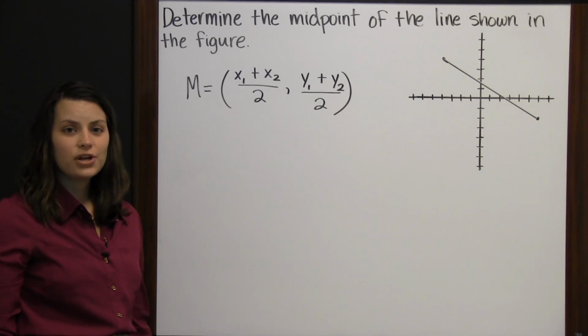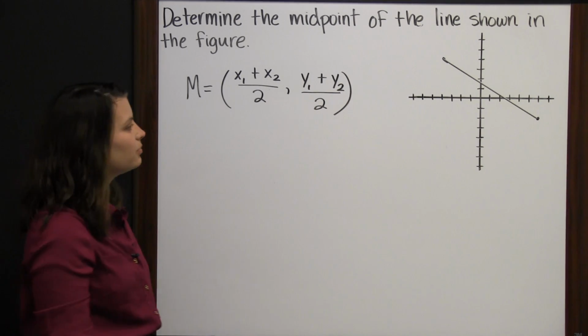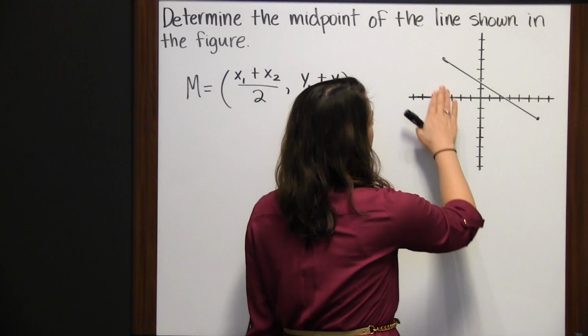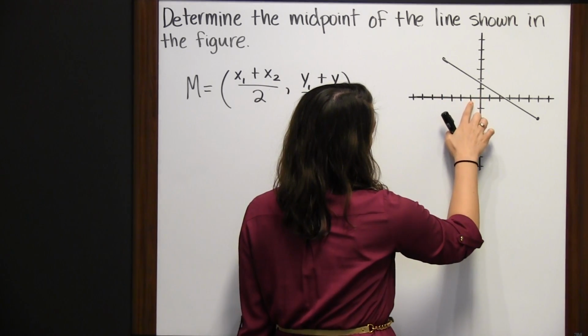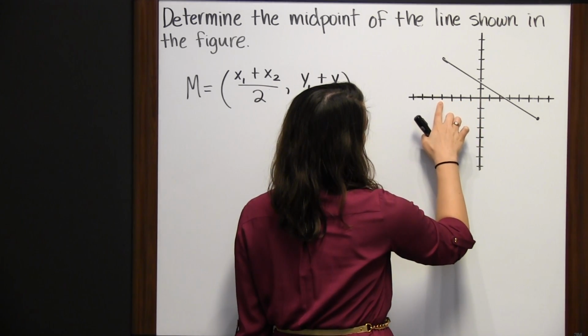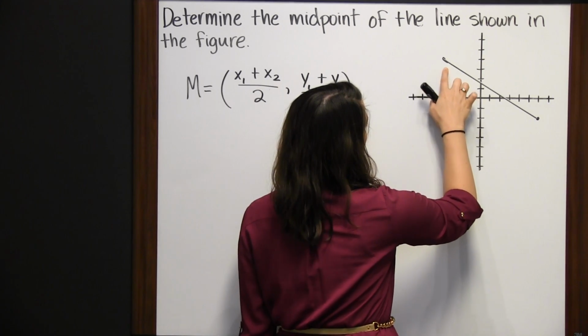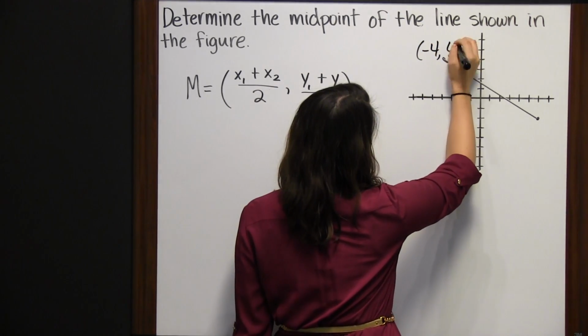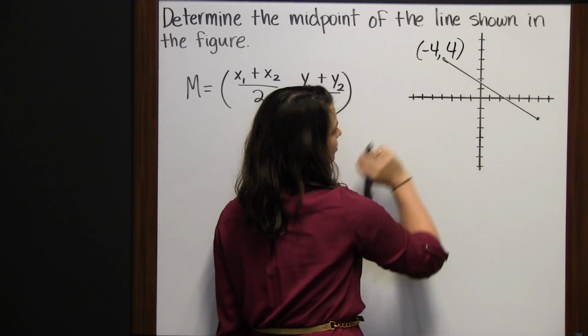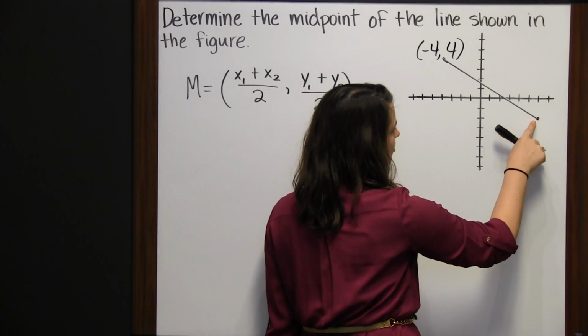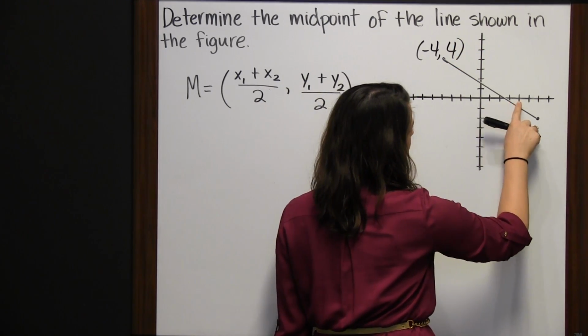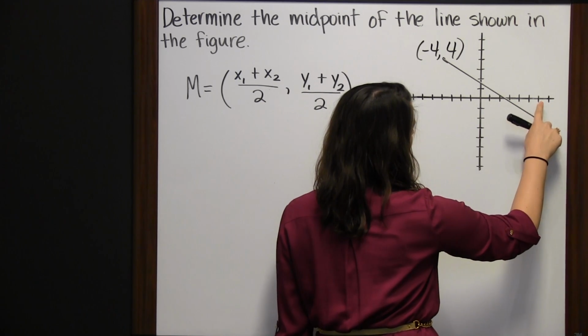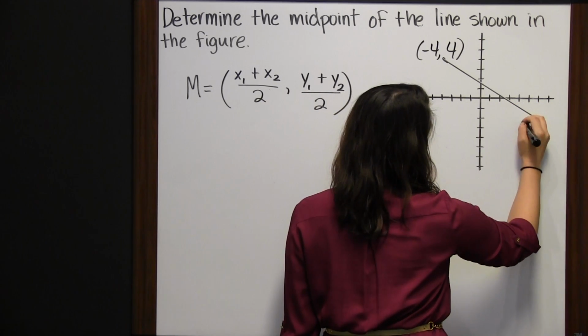But first we need to know the coordinates of our endpoints. So this endpoint is at negative 1, 2, 3, 4, positive 1, 2, 3, 4. So these coordinates are negative 4, 4 for this endpoint. And this endpoint is at 1, 2, 3, 4, 5, 6, negative 2.